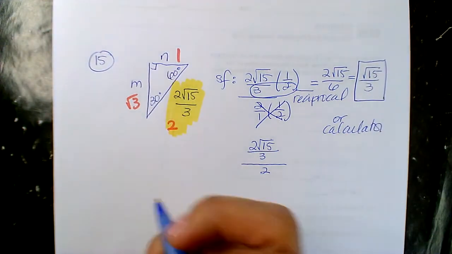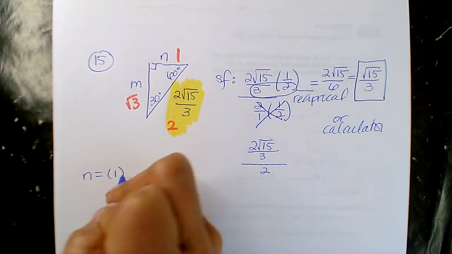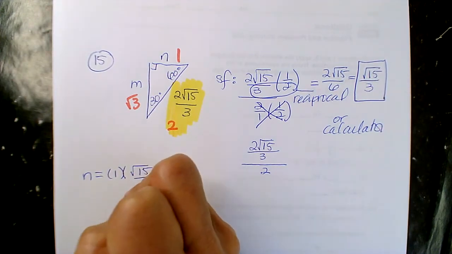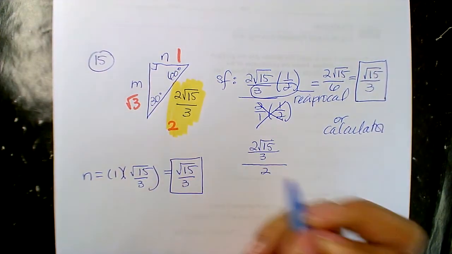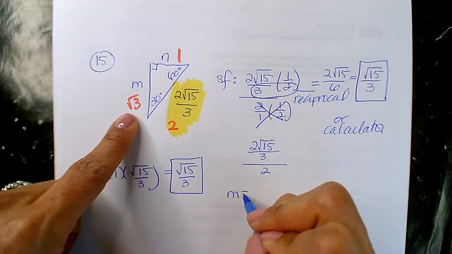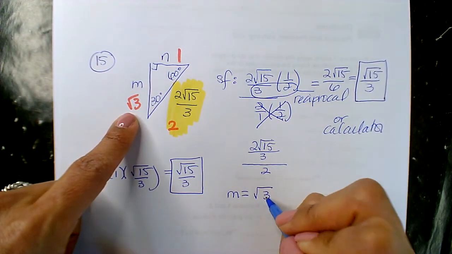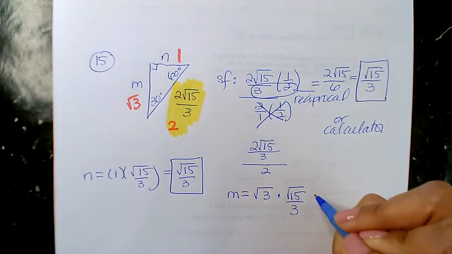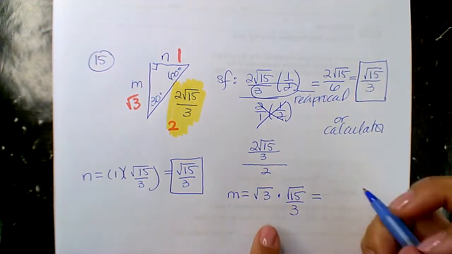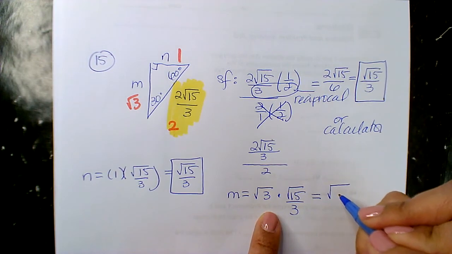So what's n? Well, what is 1 times rad 15 over 3? Rad 15 over 3. What is m? What is rad 3 times rad 15 over 3? Radical times radical, radical.